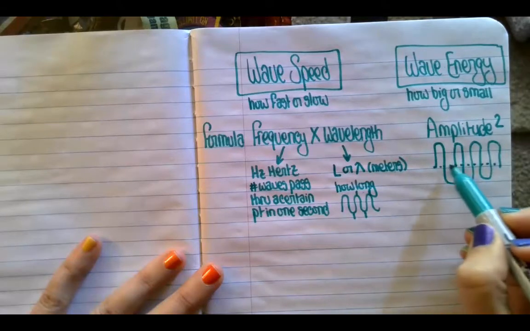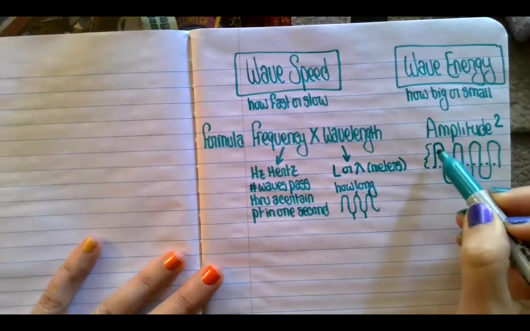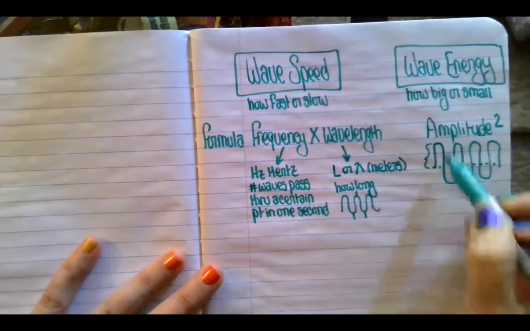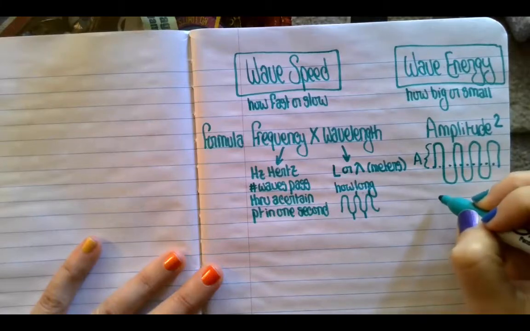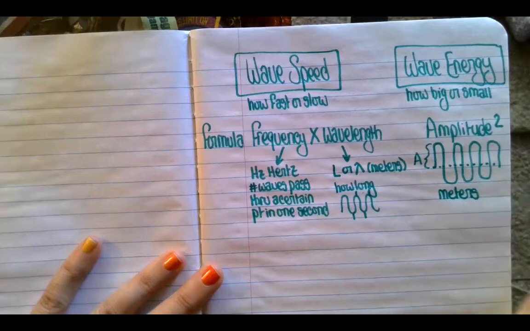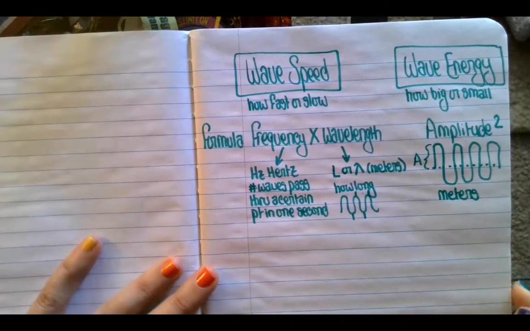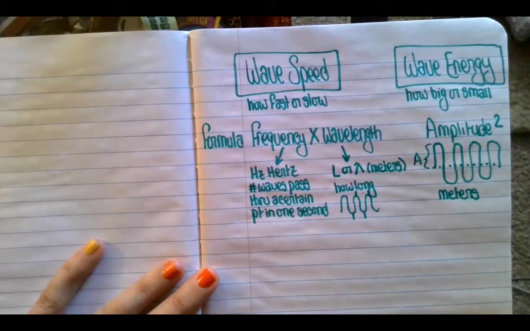And it's measured from the midline to either the crest or the trough, but not from the full amount. Okay, and that's also measured in meters. It might be kilometers, it might be nanometers, but either way, we use the metric system for those.